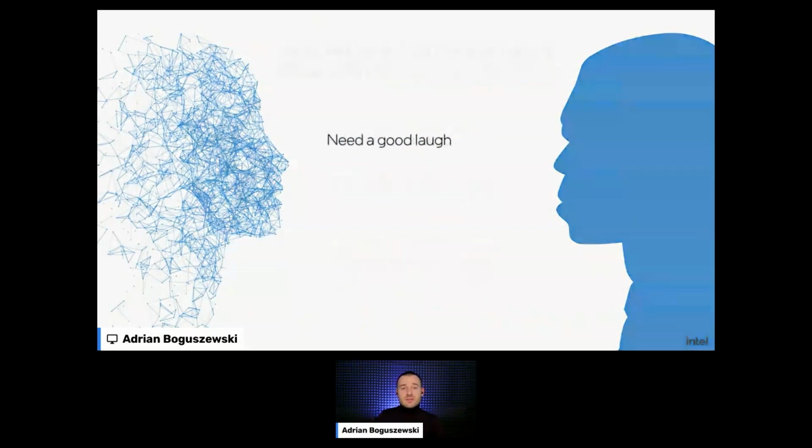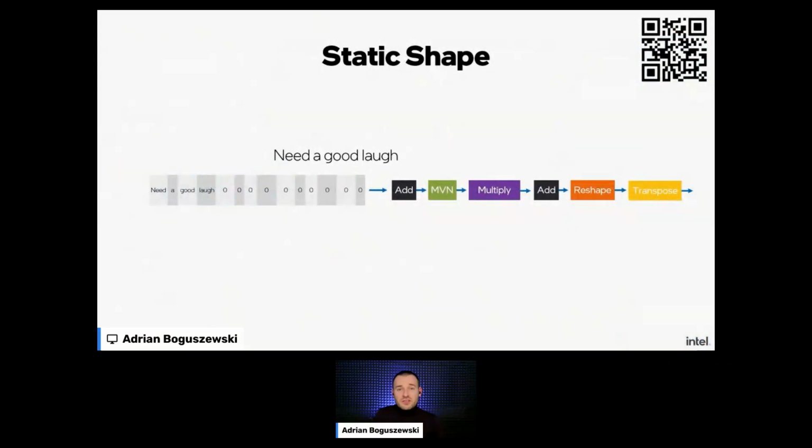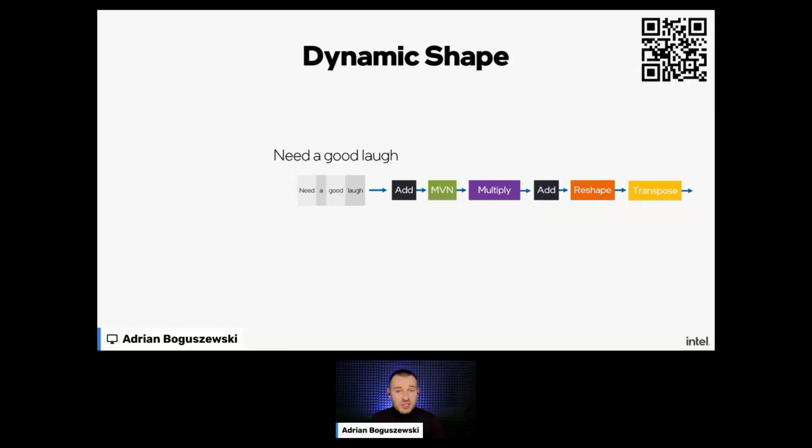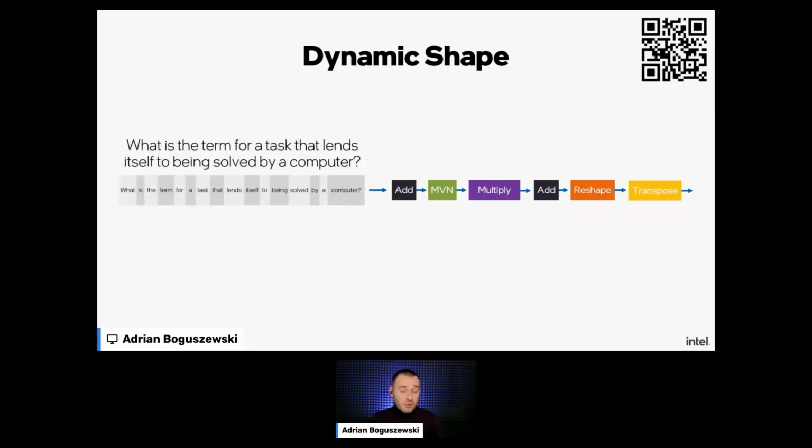Now, the usual approach in that case is that you need to add some padding at the end, like zeros, for example, or if the input is very long, you need to split it into parts and then infer one by one. But if you use dynamic shapes from OpenVINO, your network will be resized automatically, and you don't have to worry about it. It will be resized based on your input.